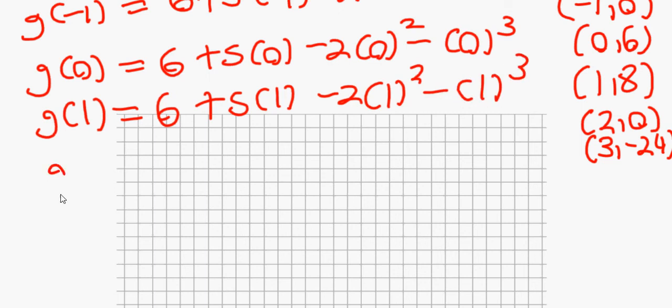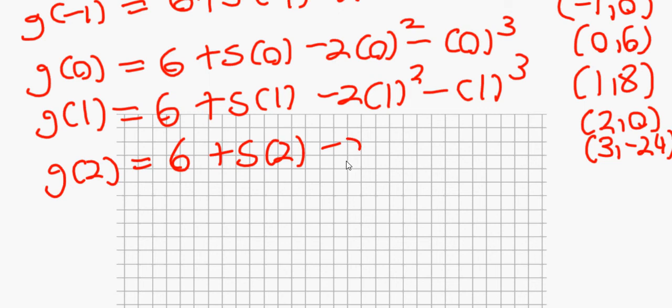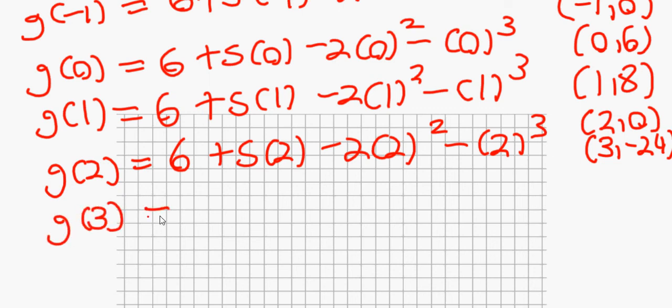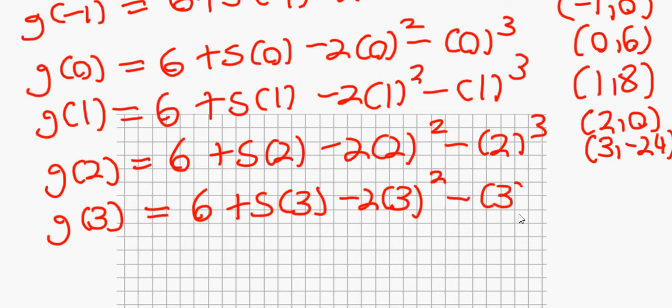G of 2 equals 6 plus 5 times 2 minus 2 times 2 squared minus 2 cubed. And finally, G of 3: 6 plus 5 times 3 minus 2 times 3 squared minus 3 cubed.